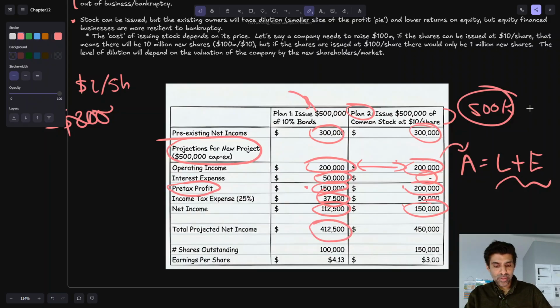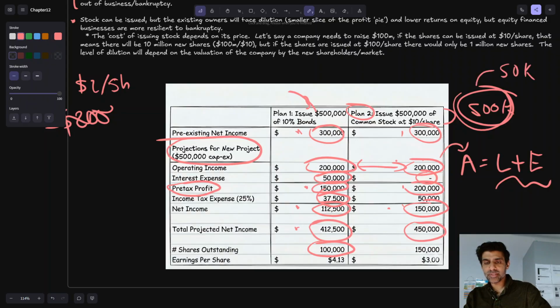Now if we look at the total profit, which is the pre-existing profit plus the new profit from this project with the two different financing strategies, you can see that it's lower for the bond issuance because again, we had that interest expense. Now though, this is where the big kicker is. In the original case, we started off with 100,000 shares. To raise this, we needed to issue 50K more shares.